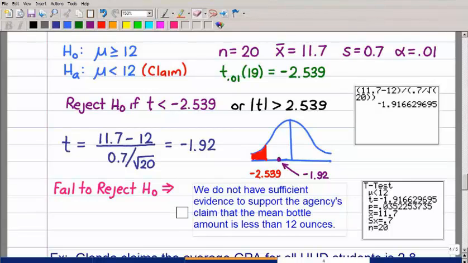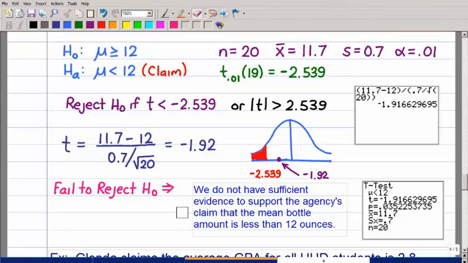And as most things go in statistics, whether it's confidence intervals or hypothesis testing, the larger the sample size, it always leads to better results. So in other words, if you would have obtained a 200 sample size and obtained these same results, there's a good chance that you might have rejected.